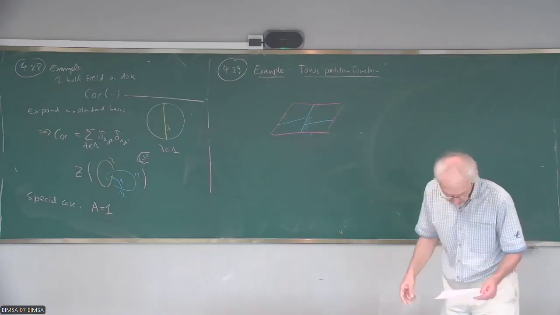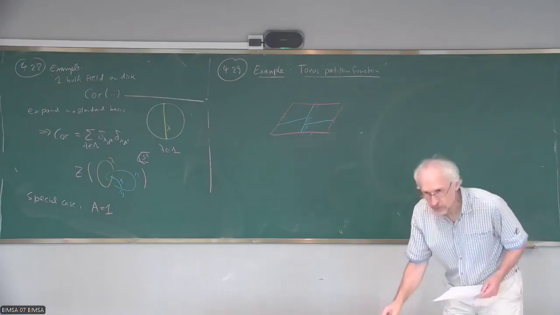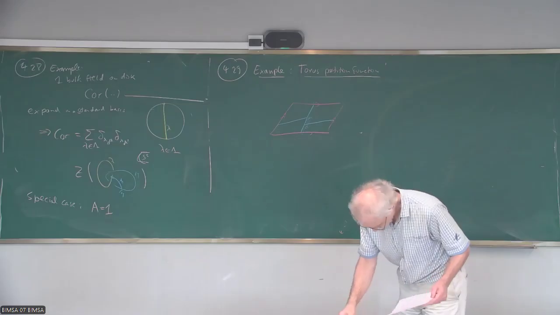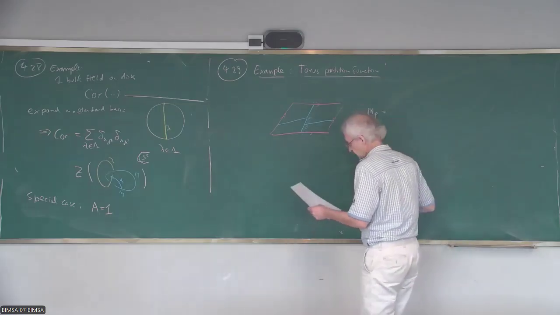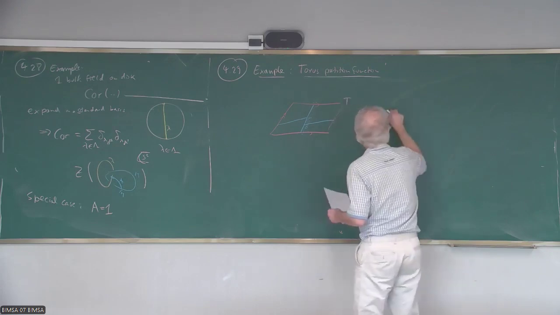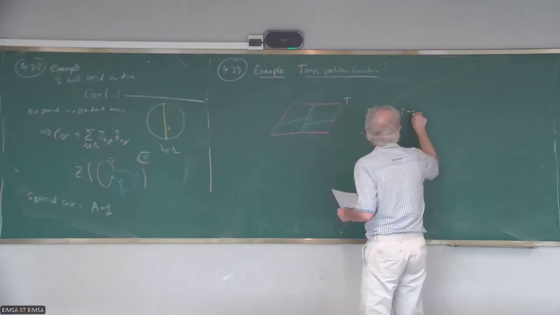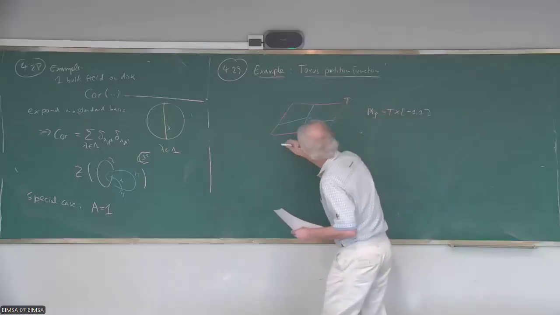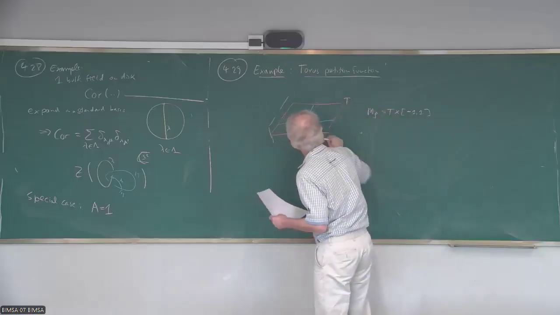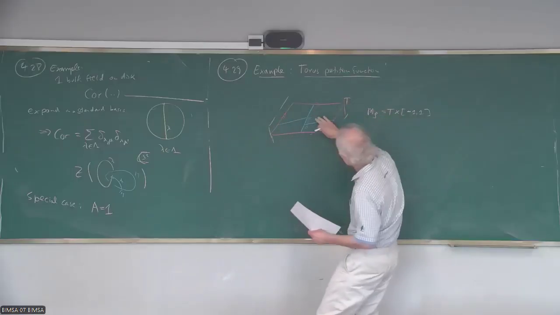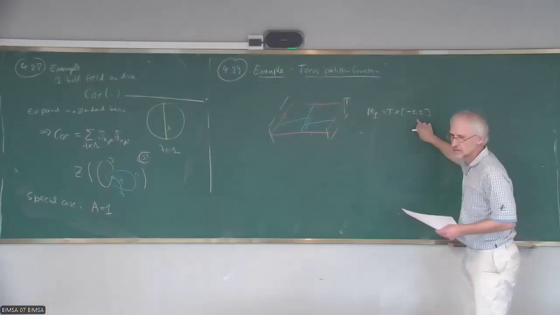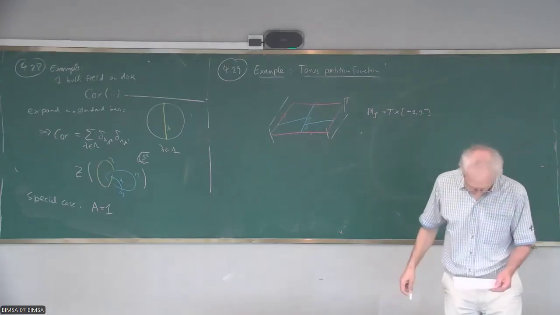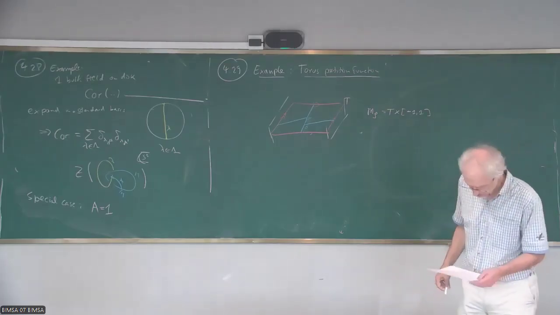Now the three-manifold in that case, because there is no boundary and it's orientable, simply M_S is my torus T times an interval, where the worldsheet is embedded in the middle, say at coordinate value 0.